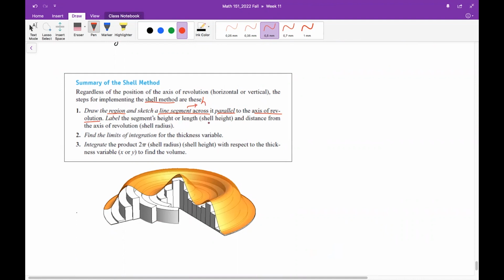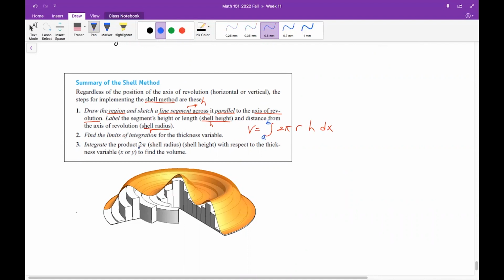Then you will find the height and find the radius of your cylindrical shell, and then you will be using this h and r in your volume formula, like 2 pi r h. It will be either with respect to dx or with respect to dy. It will change from question to question. Then you will find the boundaries for your integration.